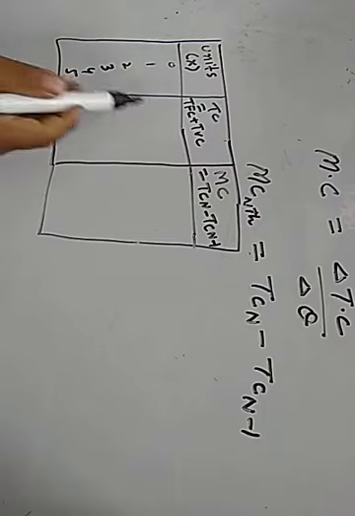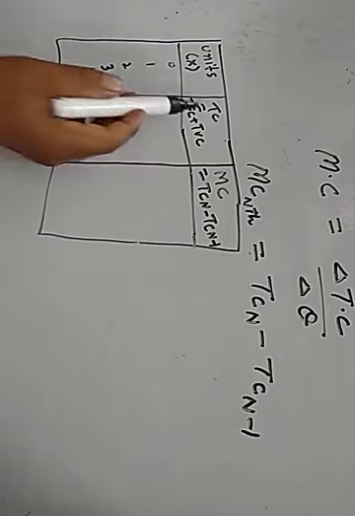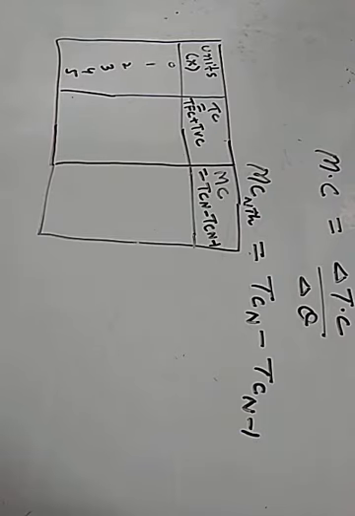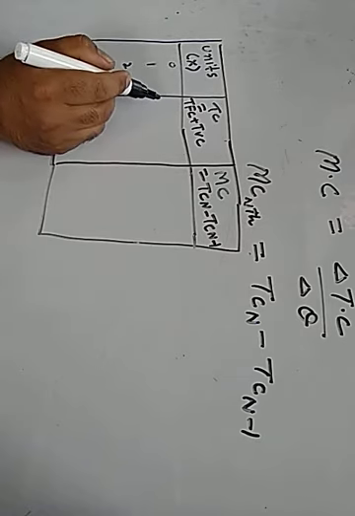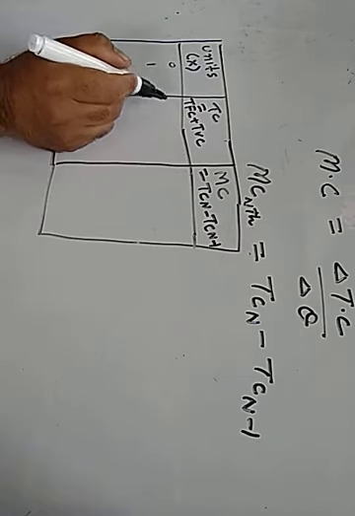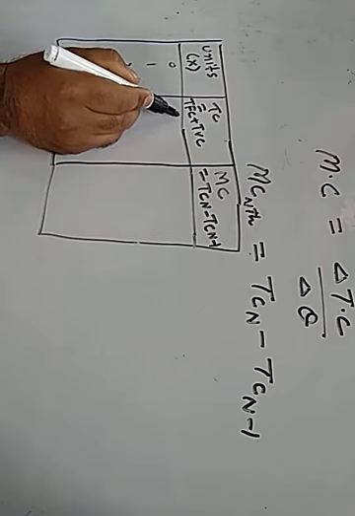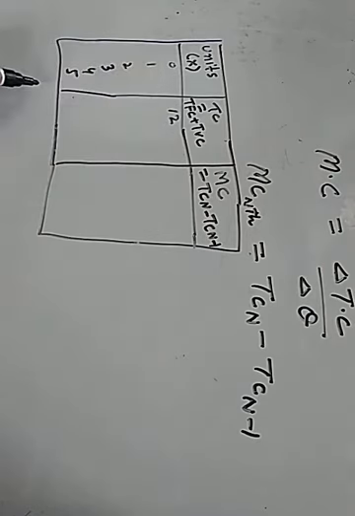Now, taking different values of total cost measured in monetary units such as rupees, suppose where 0 unit of output X is there, the total cost is equal to 12 rupees.